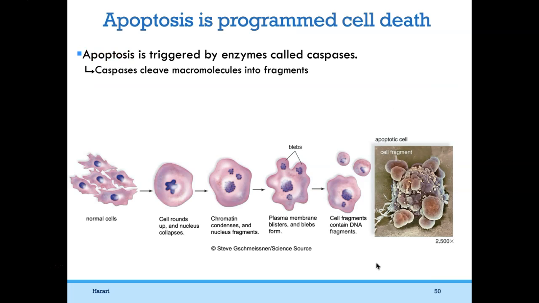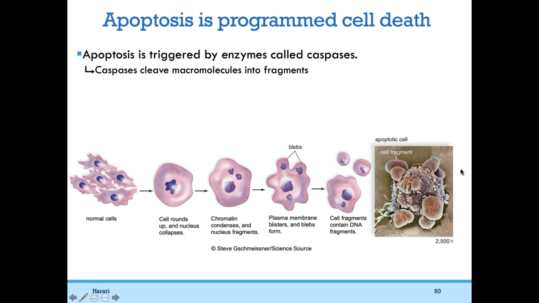Apoptosis is triggered by enzymes called caspases. So here are normal cells. When a cell is ready to kill itself, it rounds up and the nucleus starts to fragment itself into different pieces. And then what's called blebbing occurs. These little blebs are little bubbles, almost like vesicles of plasma membrane.